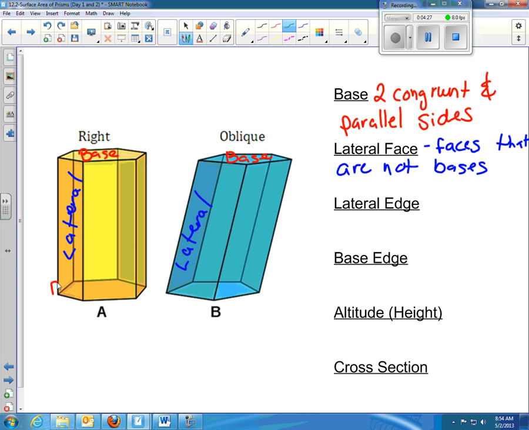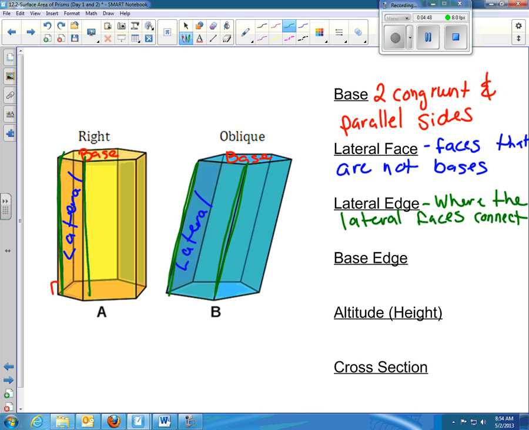Lateral edge is where the lateral faces connect. So lateral edges would be edges such as this one and up here in the front. Any of these that I'm marking with green would be a lateral edge.